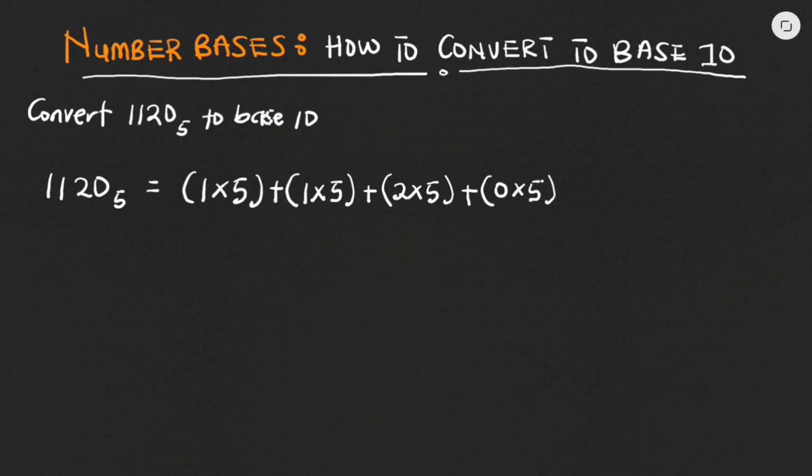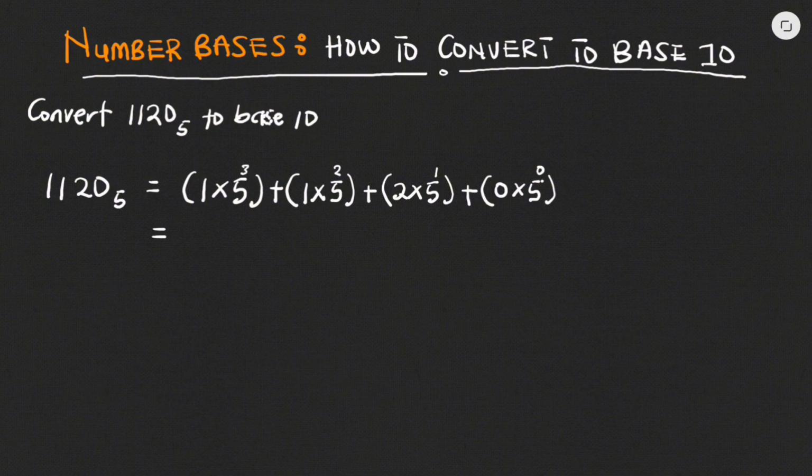After we are done multiplying like that, we give powers to the base. The 5s we have over here, we give them powers starting from our right to our left. We start from 0, so it becomes power 0, power 1, power 2, power 3.